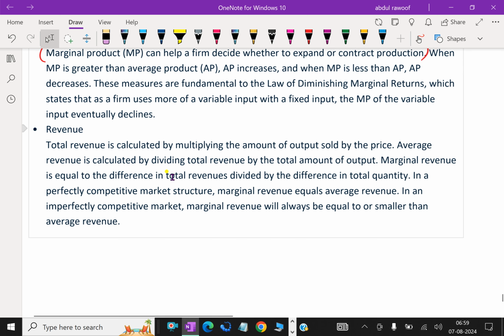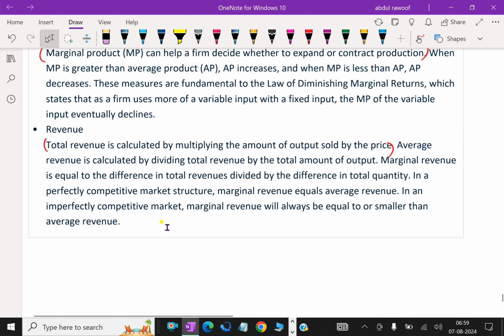Then revenue. Total revenue is calculated by multiplying the amount of output sold by the price. The average revenue is calculated by dividing total revenue by the total amount of output. Marginal revenue is equal to the difference in total revenues divided by the difference in total quantity.